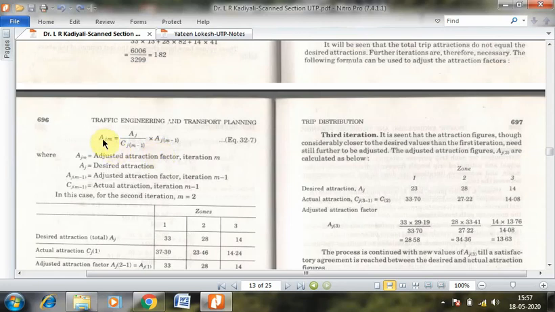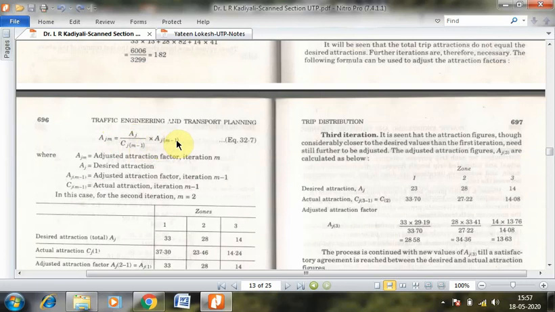So this adjusted attraction factor Aj for iteration m is equal to Aj divided by Cj m minus 1, that is the Cj value of the previous step or previous iteration, multiplied by Aj m minus 1, just like what we did in the previous example.